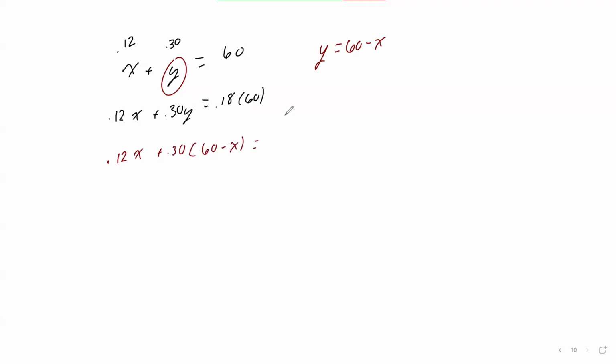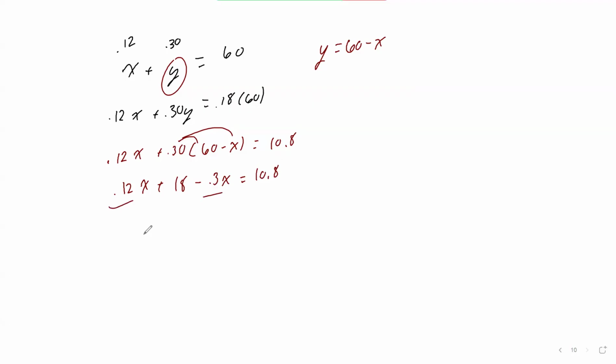0.18 times 60 gives me 10.8. I'll now distribute. So I get 0.12x plus 0.3 times 60, which is 18, minus 0.3x equals 10.8. Combine like terms.